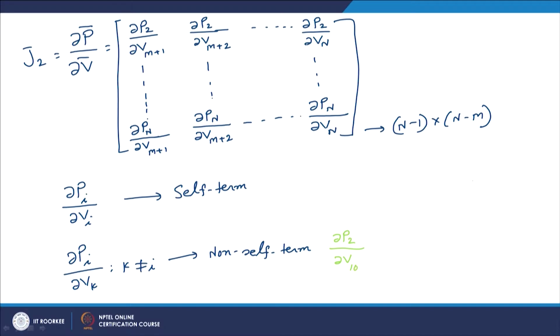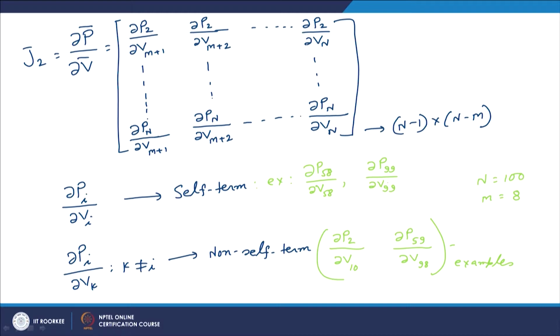For example, if n is equal to 100 and m is equal to 8, then del P2 by del V10, del P59 by del V98 are examples of non self terms. And examples of self terms are del P58 by del V58, del P99 by del V99, etc.